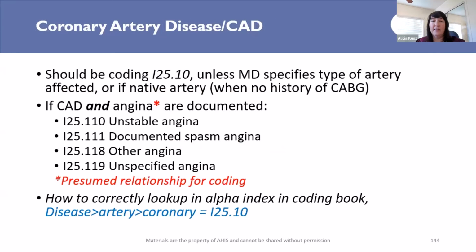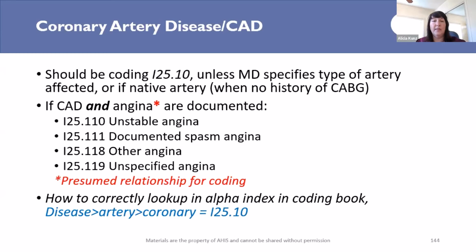Coronary artery disease. Your default CAD code is I25.10. How you look these up, you would go to the main term disease, then artery, then coronary, and it would get you I25.10. If they document that they have angina and coronary artery disease, you're going to presume that they're related, and you're going to use a combo code.